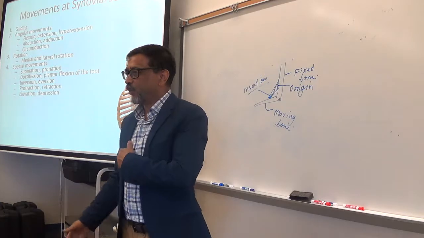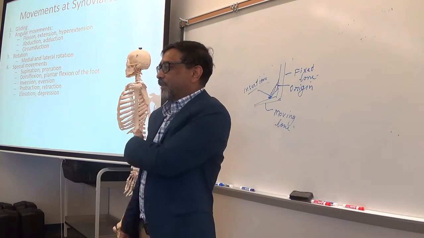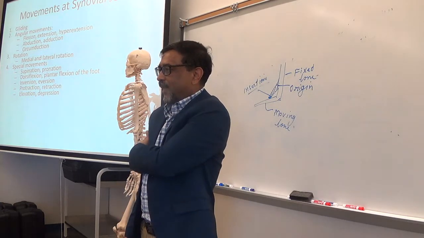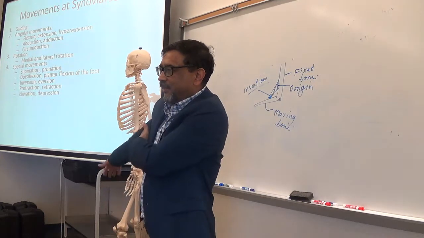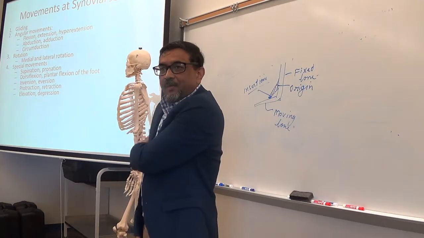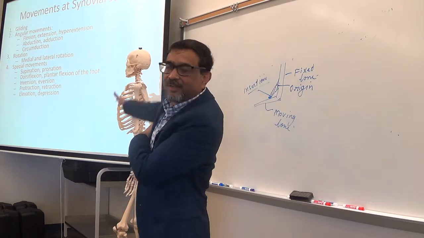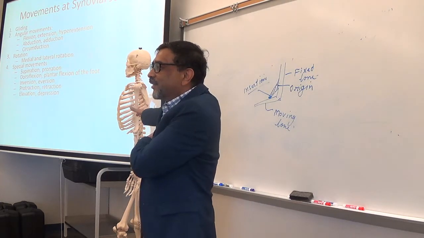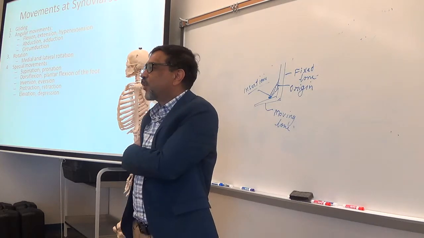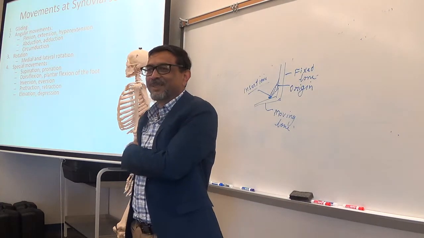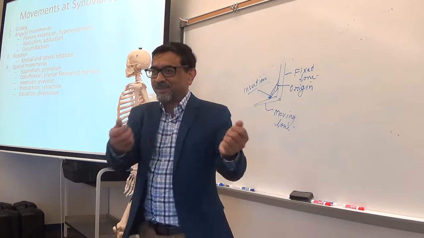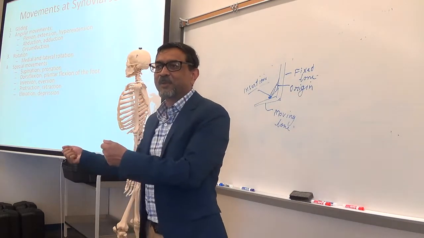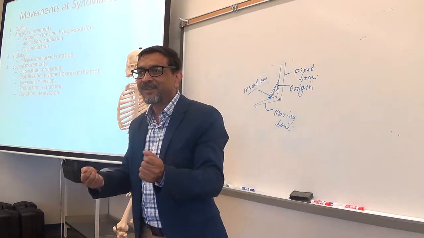Another type of angular movement. Look at my armpit area. This angle is getting what? Bigger, right? That means I'm moving my body part away, sideways, away, right? That is called what? Abduction. Have you heard the word abducted? I think all of you know, right? Child was abducted. That means what? Taken away. Okay.